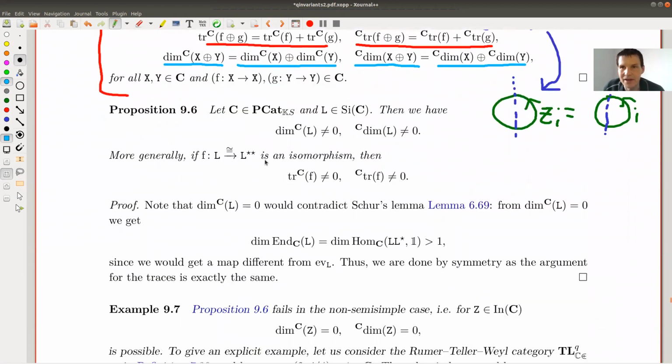Okay, this is just what you write down. Obviously, there's not much to say, and the point is this proposition, which is really nice, and it says in a pivotal semi-simple category, the simple objects are never of dimension 0, and isomorphisms have never trace 0, which is really a strong property, as we will see in a second.